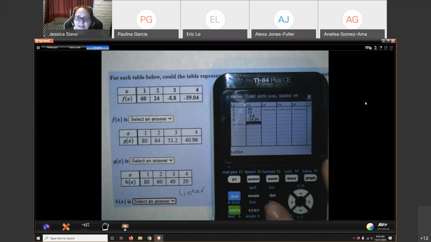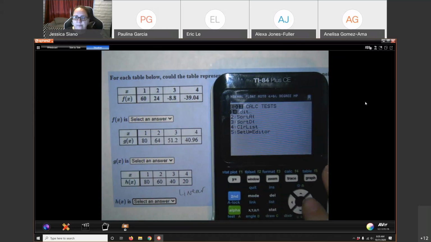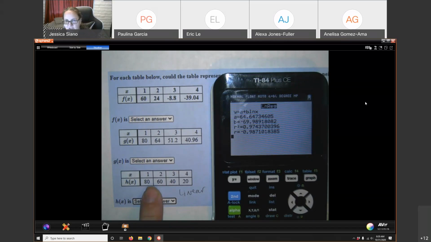Then we'll go back to stat and then to calc. I'm confident this one's not a linear regression, but I want to show you what it looks like when you put something in that's not linear. The calculator is still going to find an equation for you. But see how your R values are not 1? Then it's not linear. If I put this in, I would get an R value of 1.